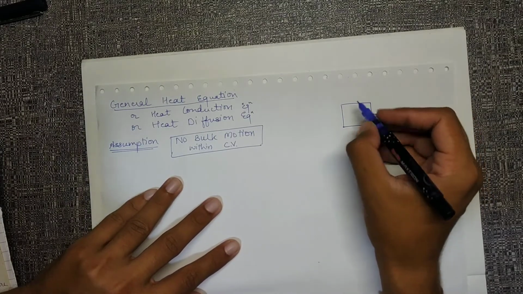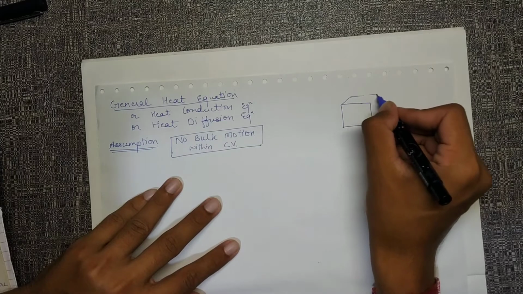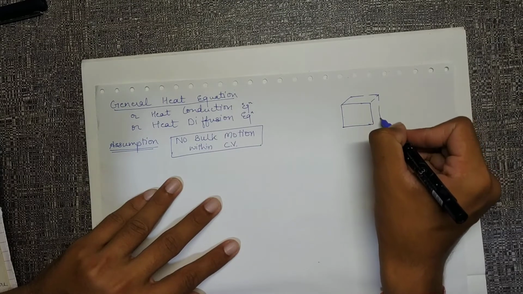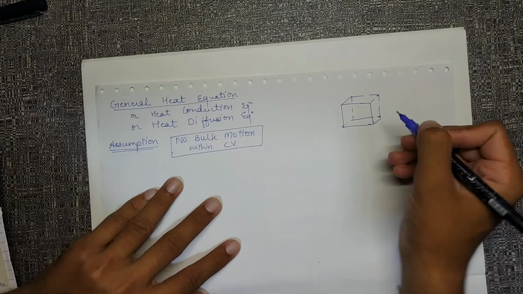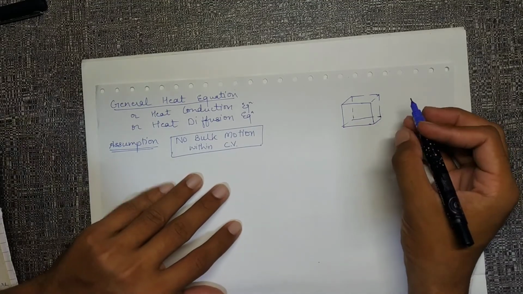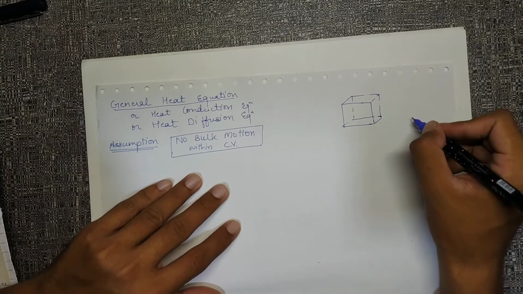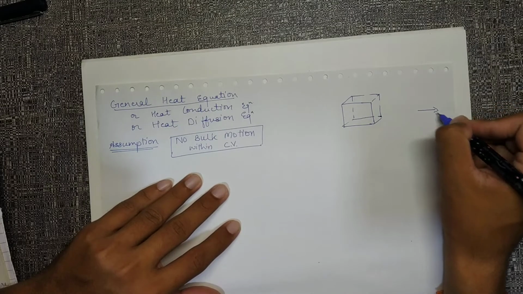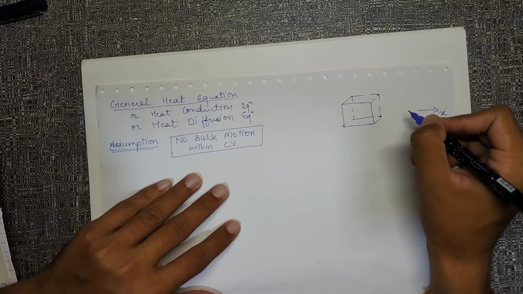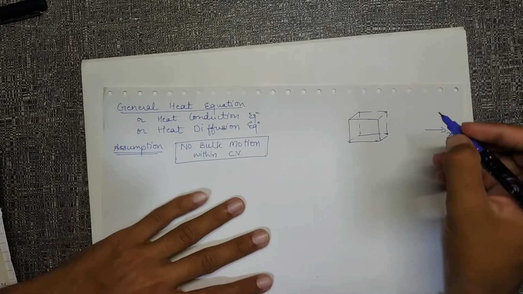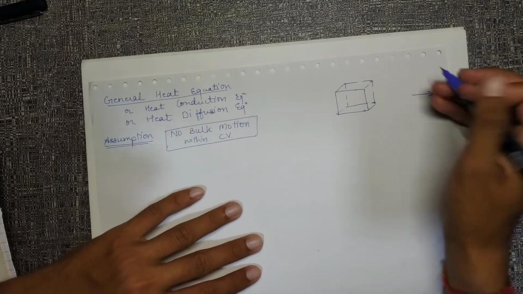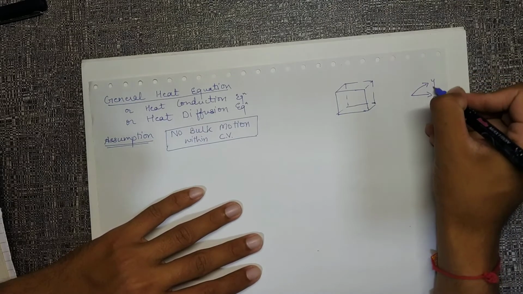We have a cube or a cuboid control volume, and there are three directions: x, y, and z.